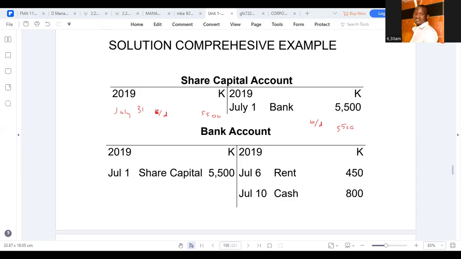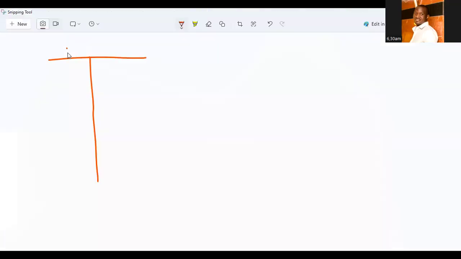So what you do now is when you go to your trial balance, capital will go to the credit side with 5,500. So we go to our trial balance. Here we have what? Our debit. And here we have our what? Our credit.